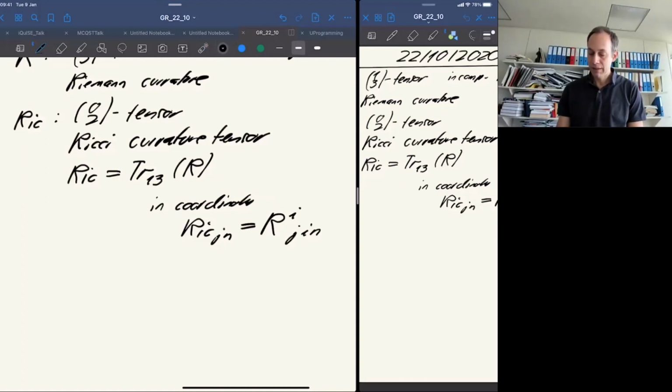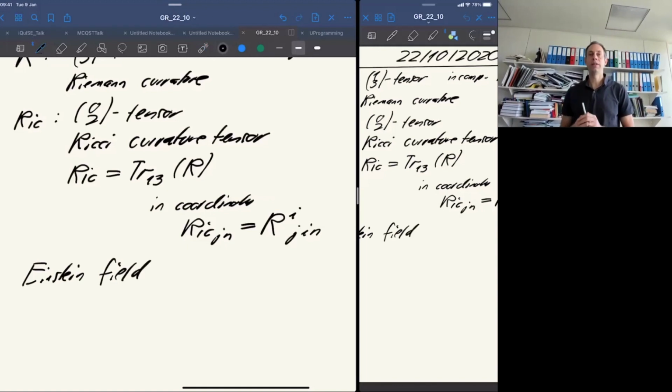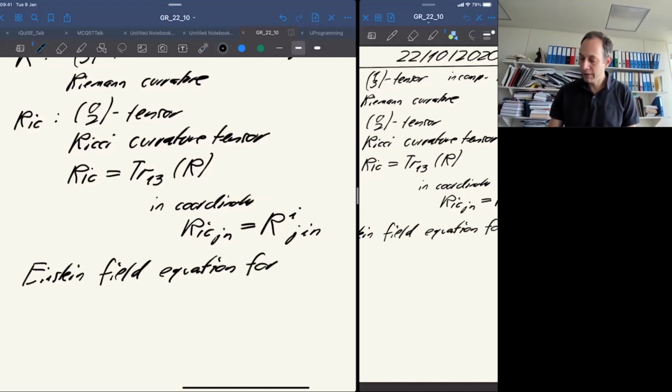So the Einstein field equations, which we will treat later, but this is kind of an outlook, just to keep you motivated and to make sure you already now see the connections between the objects we are introducing and the physics. This is the Einstein field equation in the case of no matter in the universe.